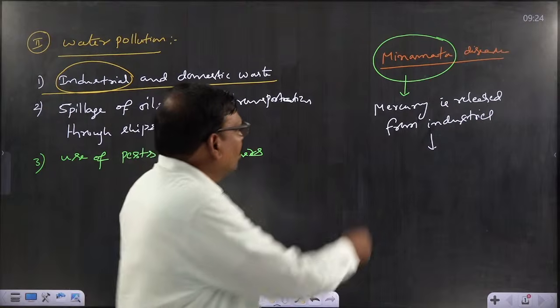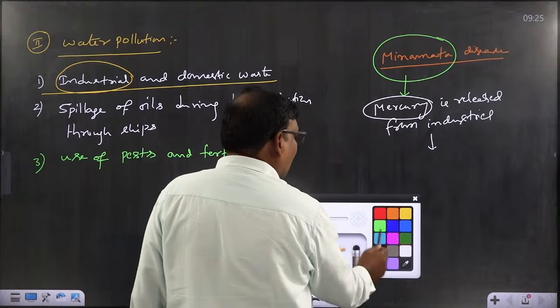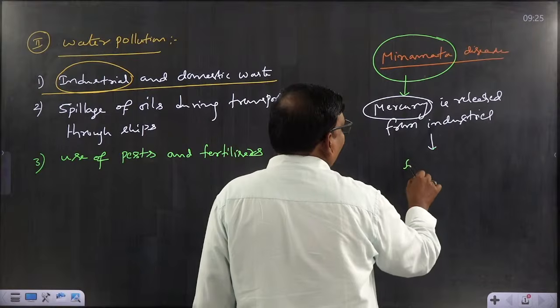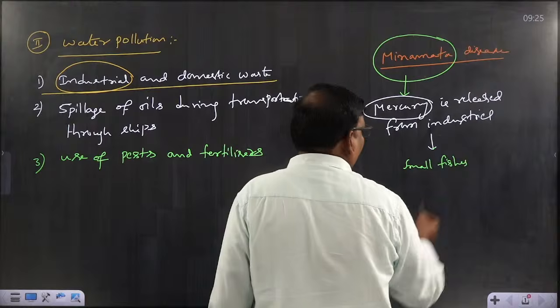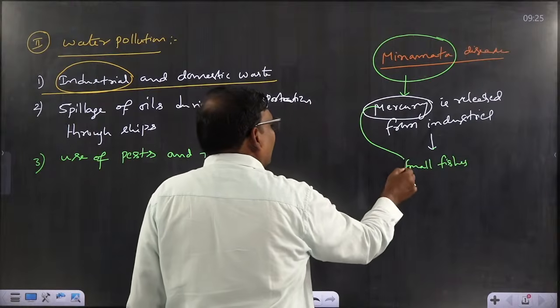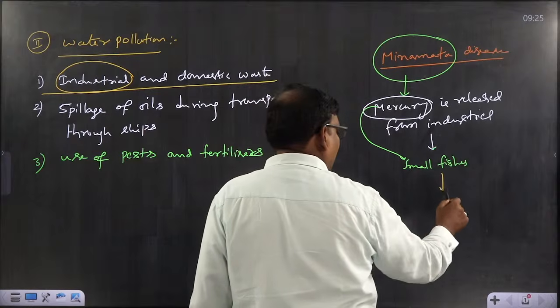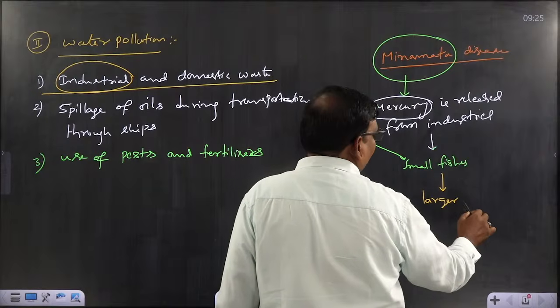For example, the released mercury will enter into the water body. That will be taken up by the small fishes. So mercury will enter into the small fishes. From the small fishes, the mercury will enter into the larger fishes.